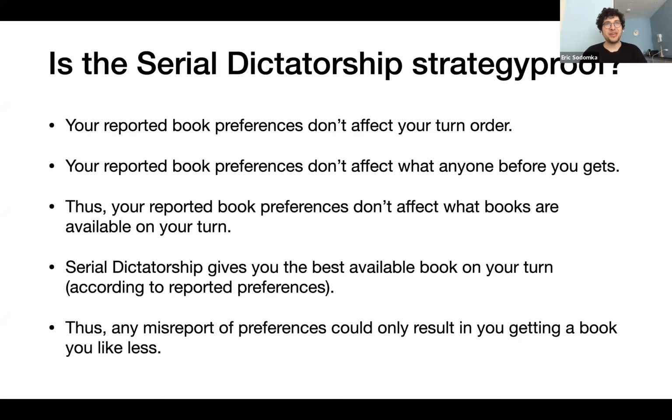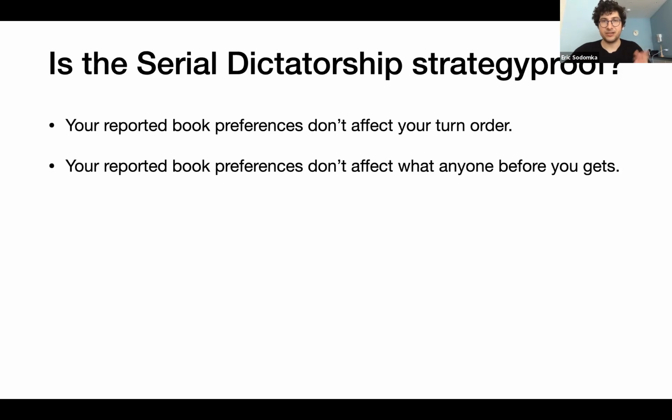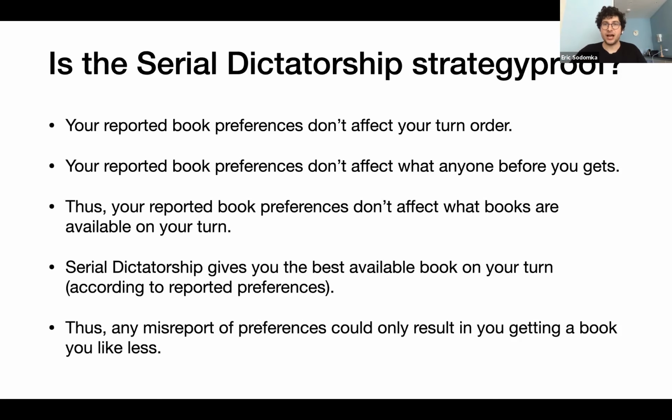You maybe think you're being clever by saying you prefer this other book over the one you actually prefer. But potentially that book is taken and you get your favorite book by chance, or the book you've lied about and said is your favorite actually turns out to be available and I give you that book, and it just makes you worse off. So any misreporting can only result in a book you like less. That's effectively why this is strategy proof.